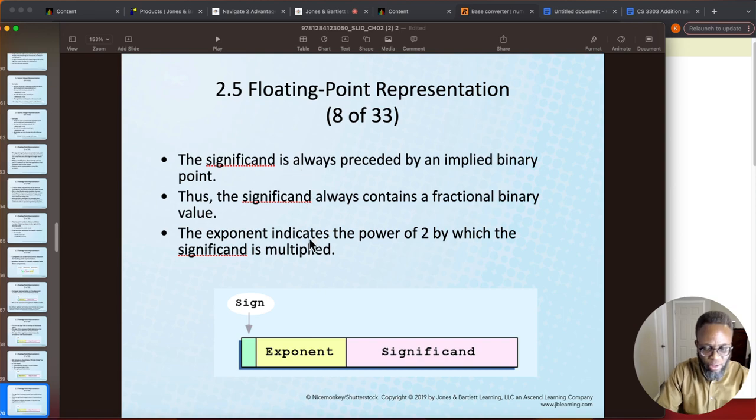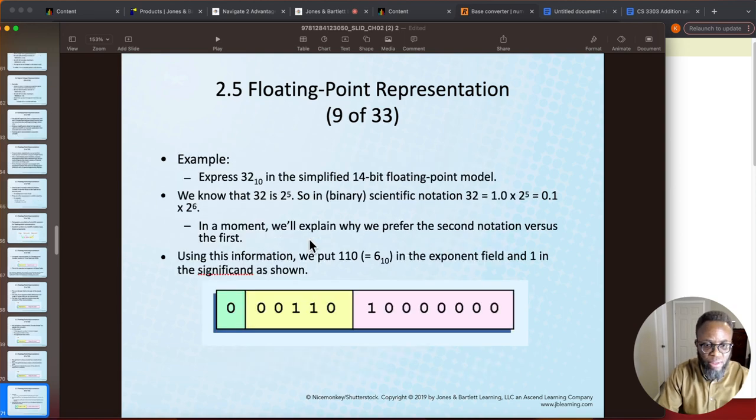And then it keeps talking about some more stuff here. So this is an example where this is a positive number because it's a 0. This is the exponent. We put 110, which is 6 in base 10. And this is the significand.